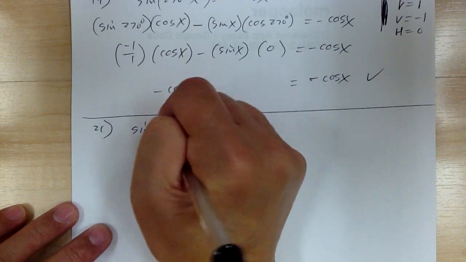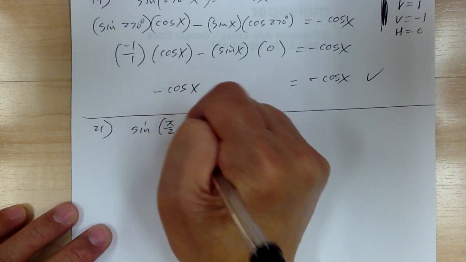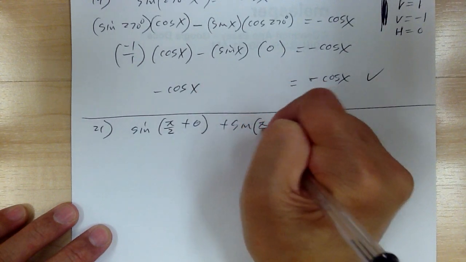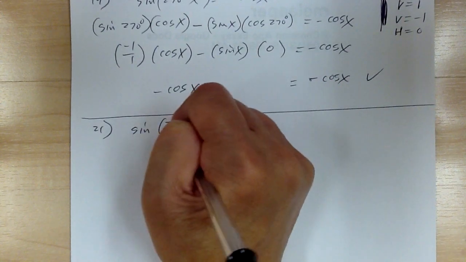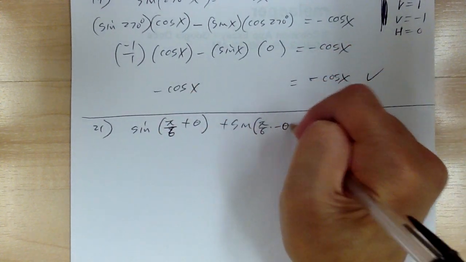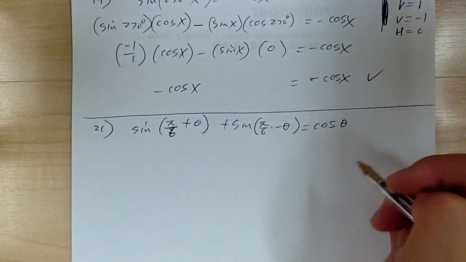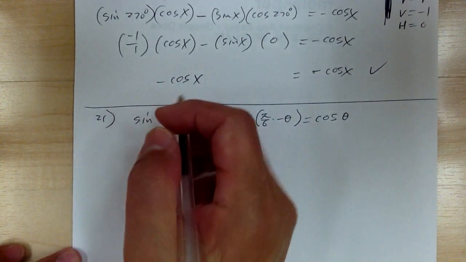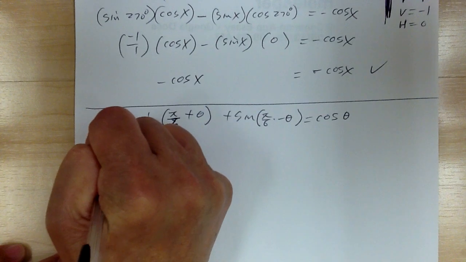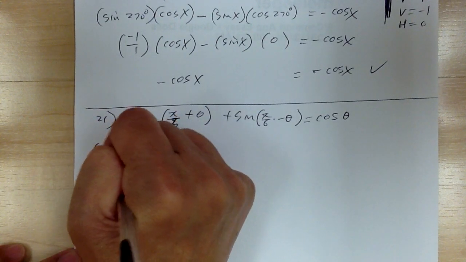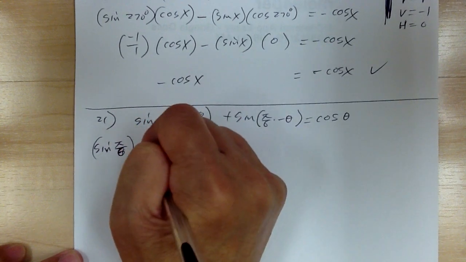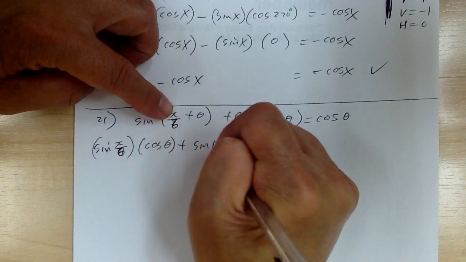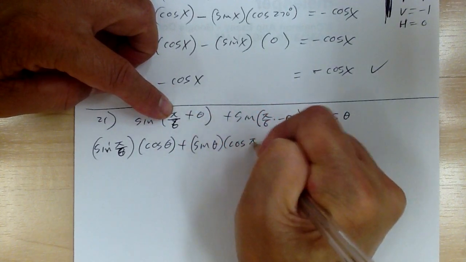You've got sine of pi over 6 plus theta, plus sine of pi over 6 minus theta, equal to cosine theta. This is more complicated, so you want to expand and simplify these using your identity. You're going to get sine pi over 6 cosine theta plus sine theta cosine of pi over 6.